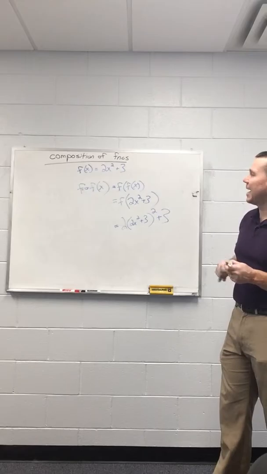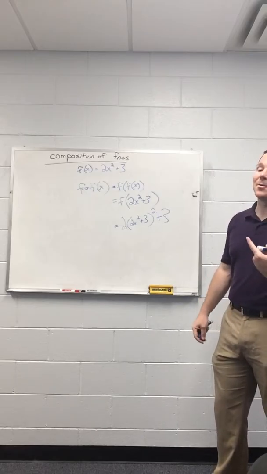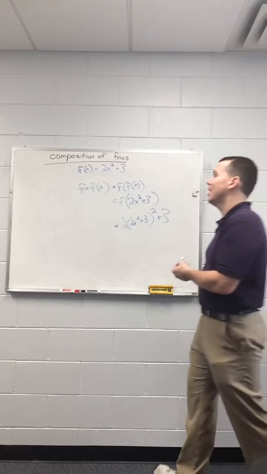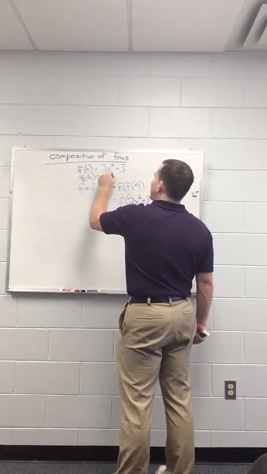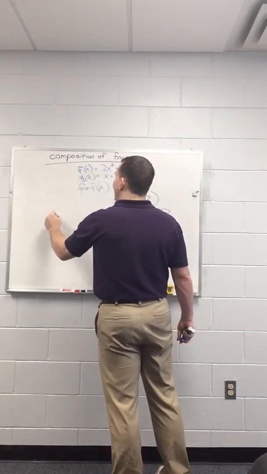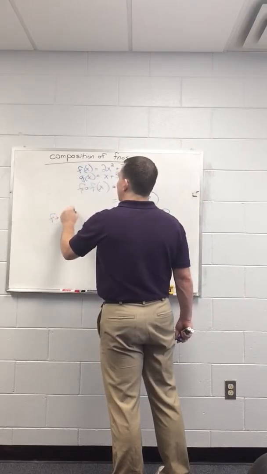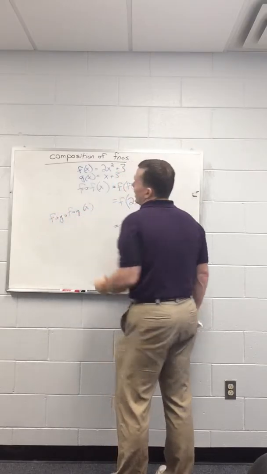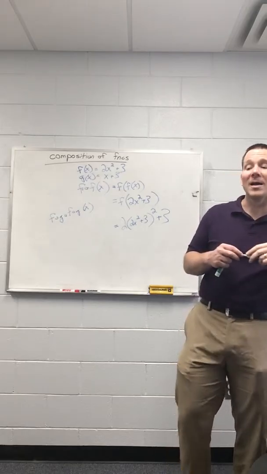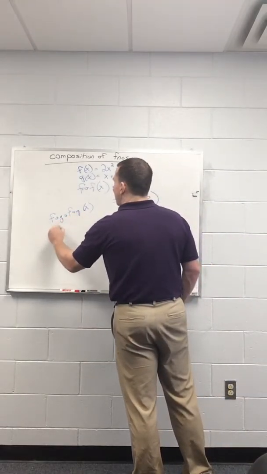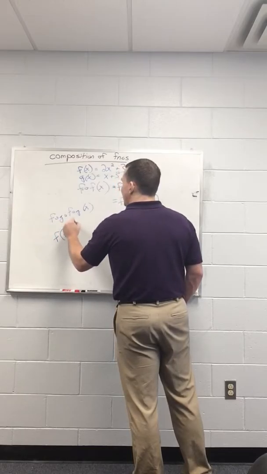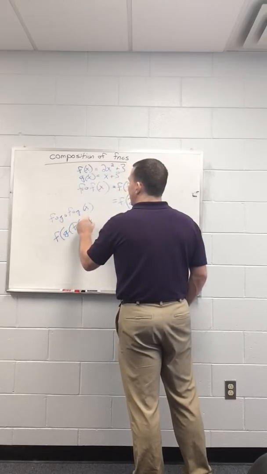Once you get the hang of this, you can actually mess around with it. I'm not going to do it anymore in this video. But if I had f of x and g of x equal to x plus 3, I could do f circle g circle f circle g of x. I can compose as many times as I want. The principle is always the same. If I did it here, that would be f of g of f of g of x.